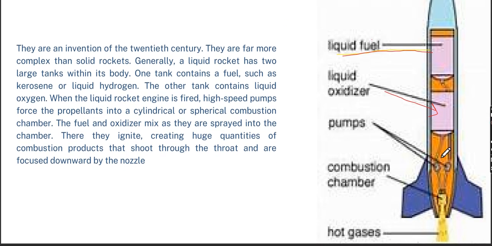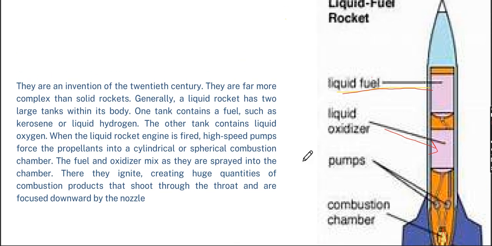Here we use pumps for the combustion chamber. It is the combustion chamber, where gases are released from. They were invented in the 20th century. They are far more complex than solid rockets.